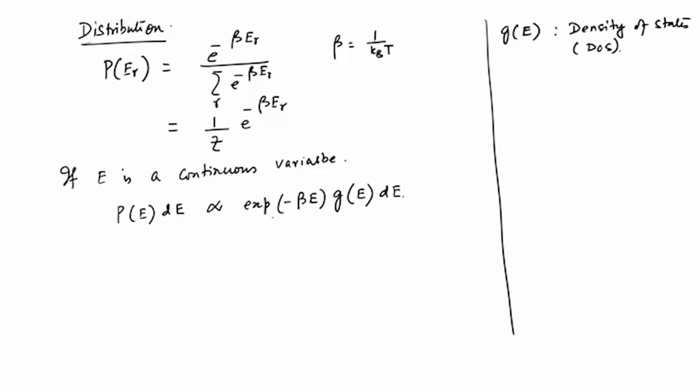And so this P(E) dE, that is the probability of finding the system between E and E plus dE, is given by this Boltzmann weight, or Boltzmann factor, let us call it, and this density of states.